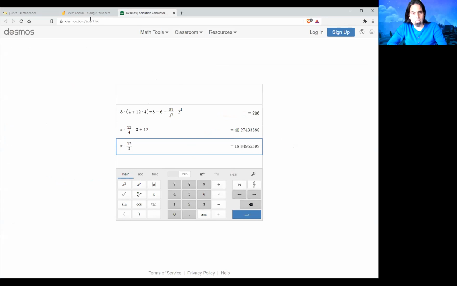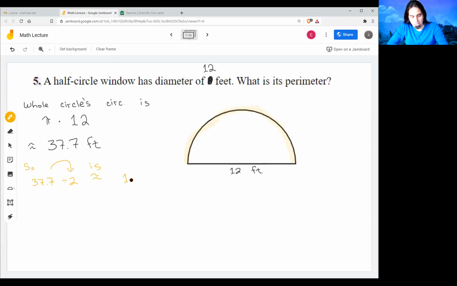So now we're about 18.8. And then we want to do that part.